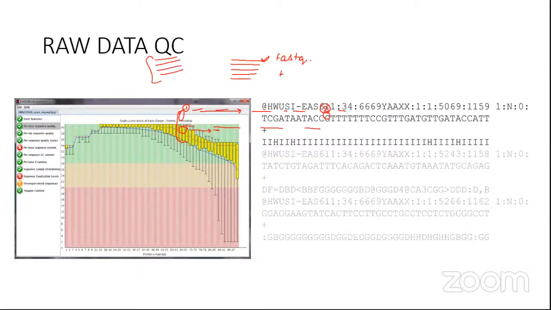If something is written, it will be more or less similar to the first line. And the fourth line is your Phred score corresponding to each base. So this is the structure of our FASTQ file. We call it the raw data file.